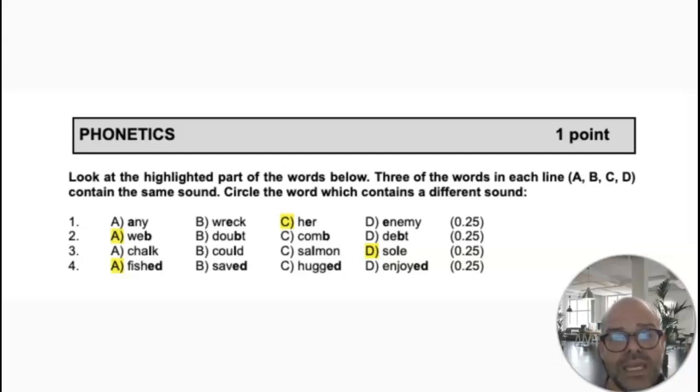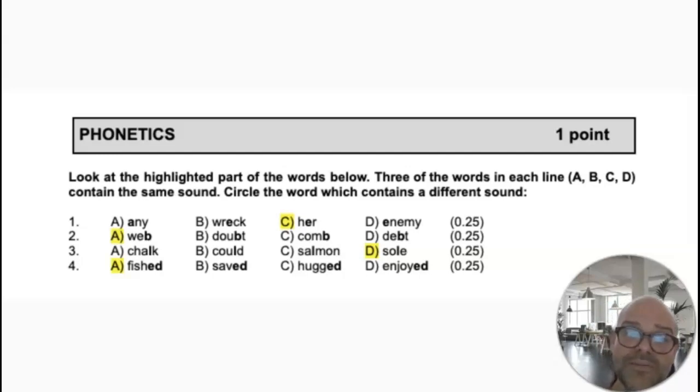Then line number 3 has the word A, that is chalk, B, could, C, salmon, D, soul. And the different one here is D, because the L is pronounced in soul, but the L in the other words is silent, it's not pronounced.